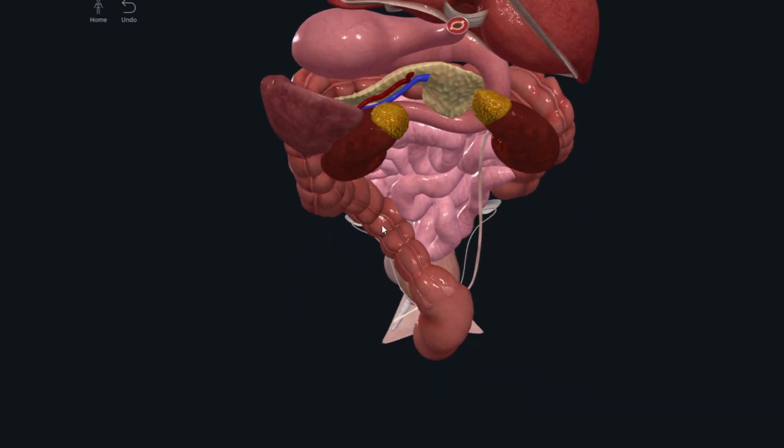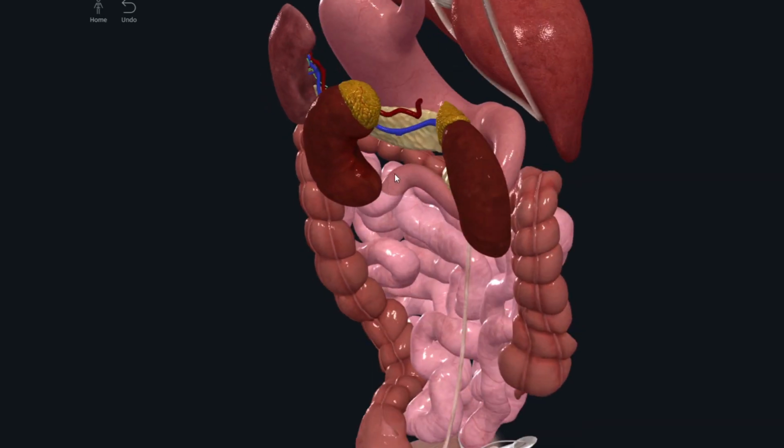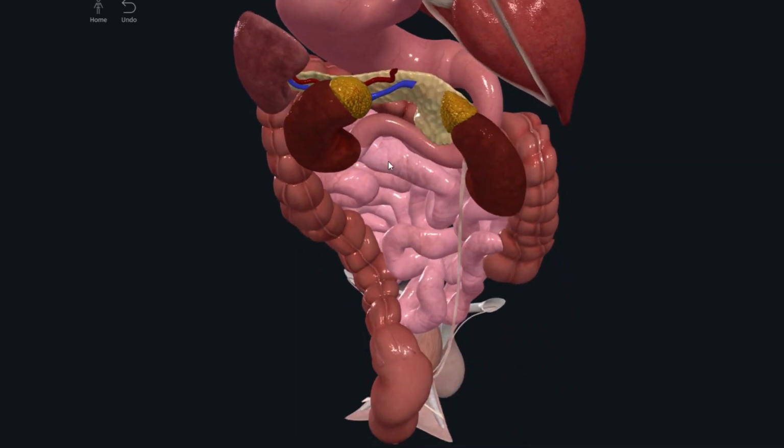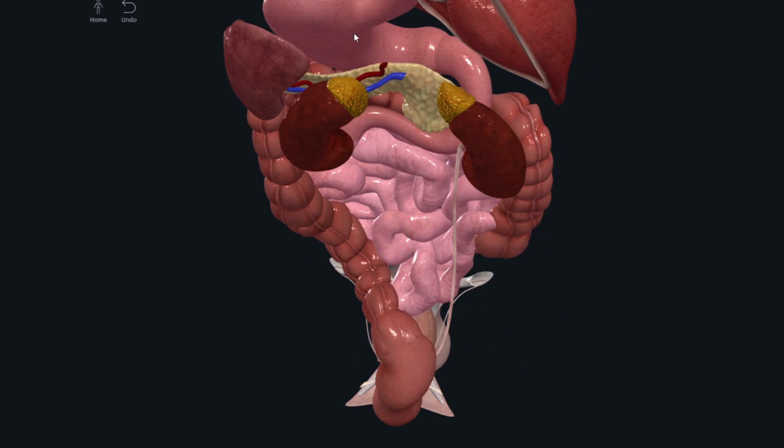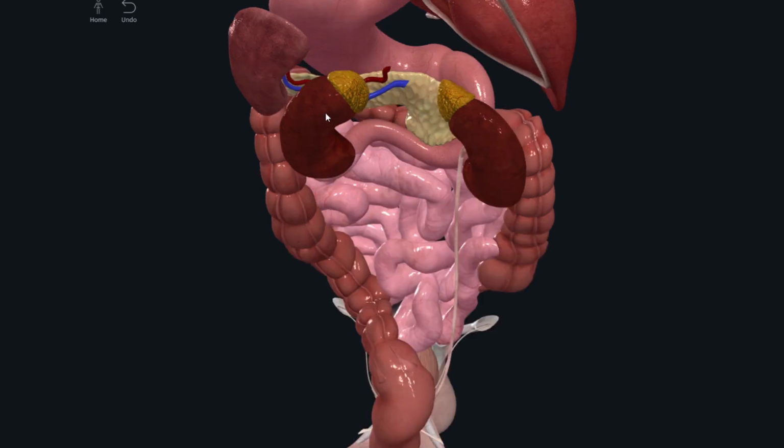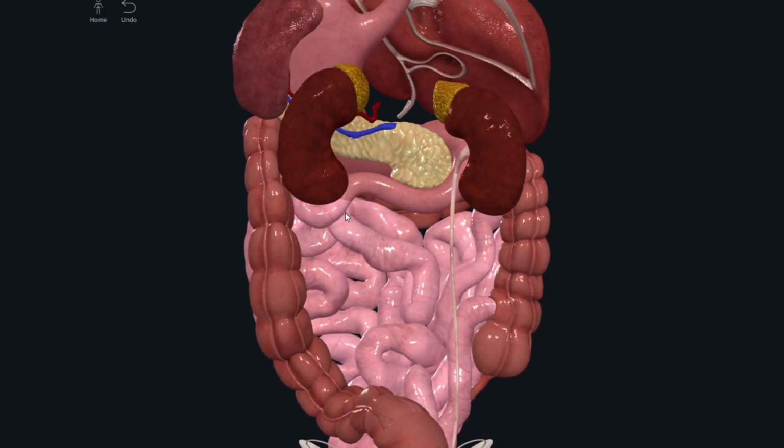Anteriorly, we can find the descending part of the duodenum, one part of the duodenum right here, and the last part of the duodenum. And then we have the stomach, which is separated with peritoneum. And then lastly, we have the jejunum. This is the jejunum, and then also laterally, we have the colic flexure. Posteriorly, there's nothing, just the fat.